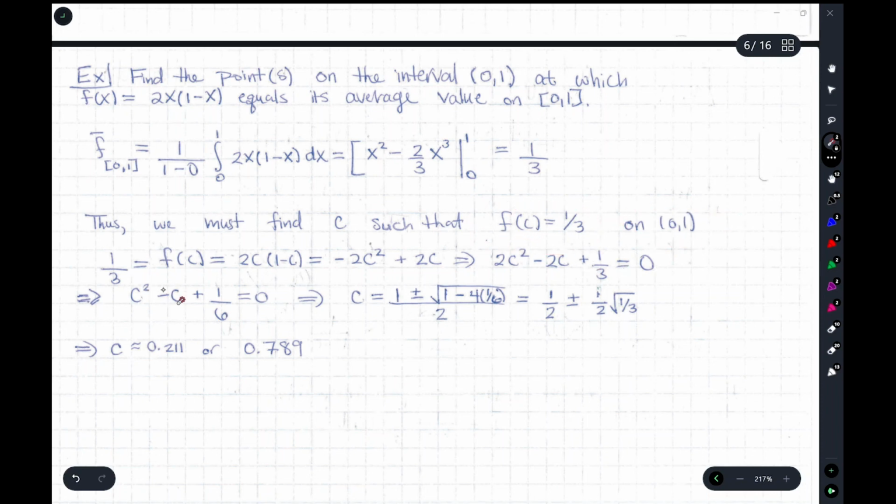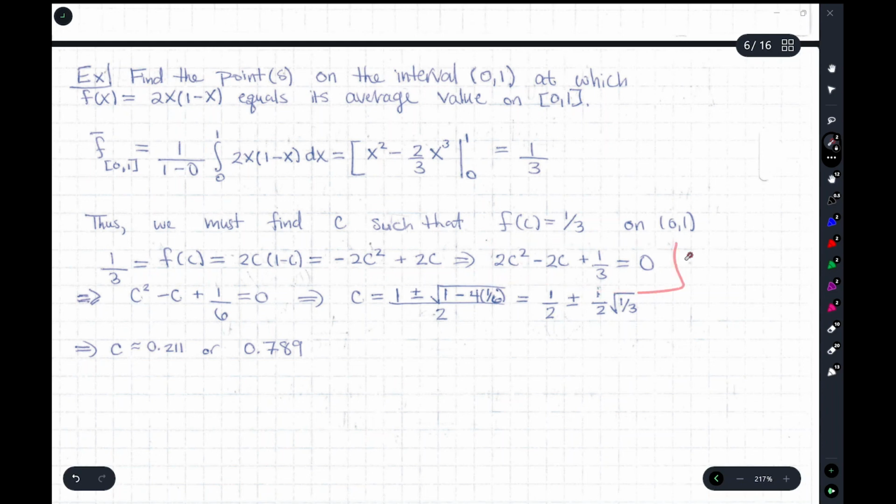And this is pretty straightforward. On the one hand, we have 1/3 equals f of c. We're imposing that because we're looking for the points where the function equals 1/3. On the other hand, we plug c into our function. Those are the two pieces of information that you're going to use. So over here is everything that you need, and you'll end up getting this equation.